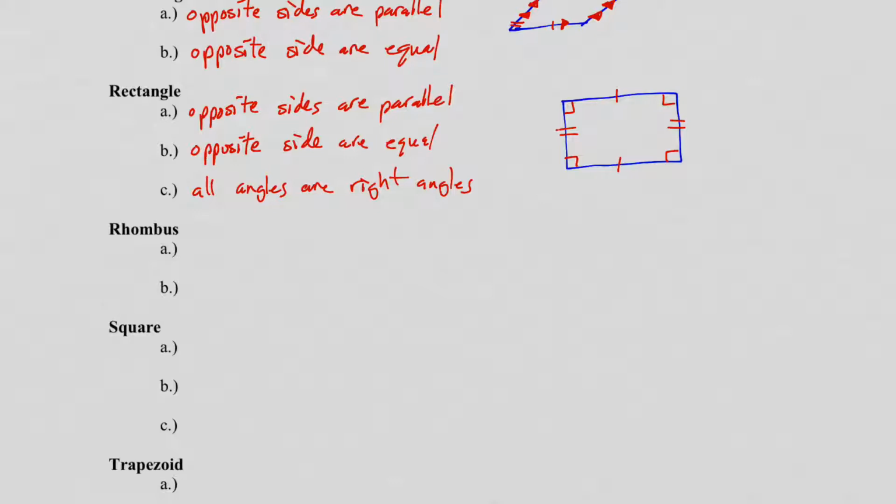Next we have the rhombus. Opposite sides are parallel. And opposite sides are equal. I'm sorry. All sides are equal.